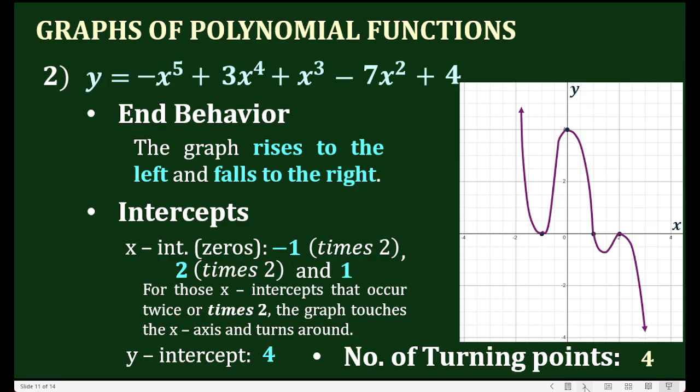Now to continue, let us proceed to the next slide. Now for our third polynomial function, y is equal to x to the fourth minus 7x squared plus 4x. Again, y equals x to the fourth minus 7x squared plus 4x.